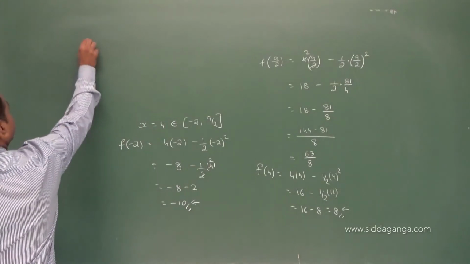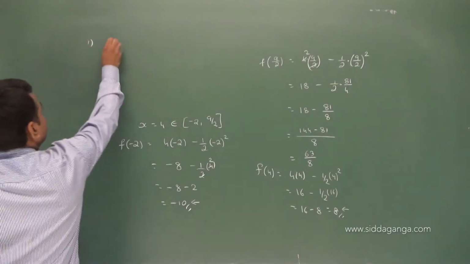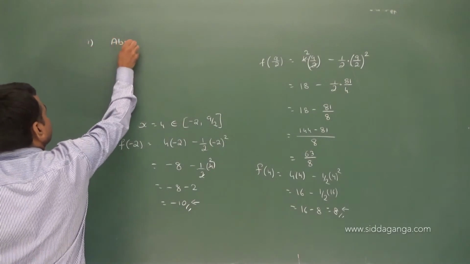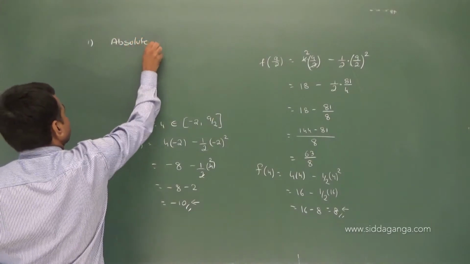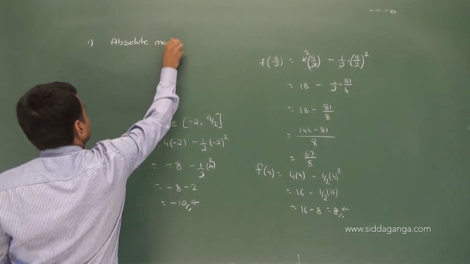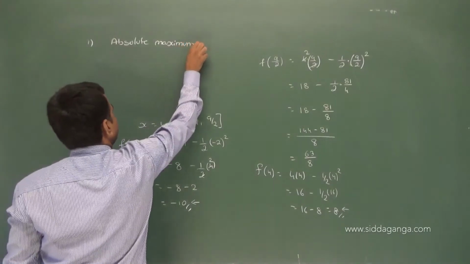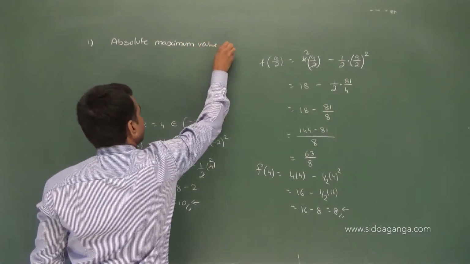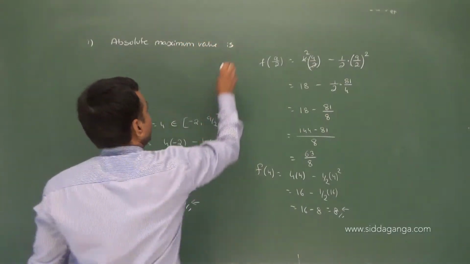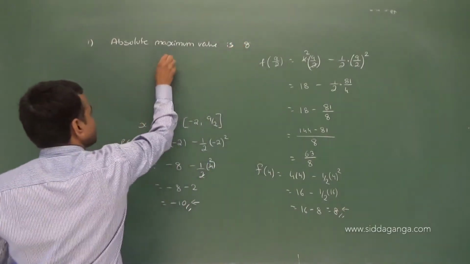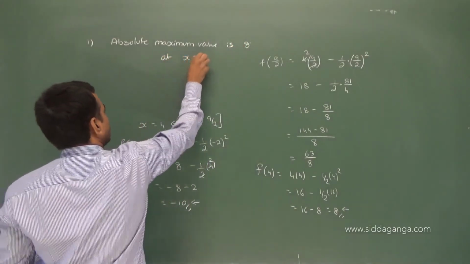So for that I write here: number 1, absolute maximum value is 8 at x is equal to 4.